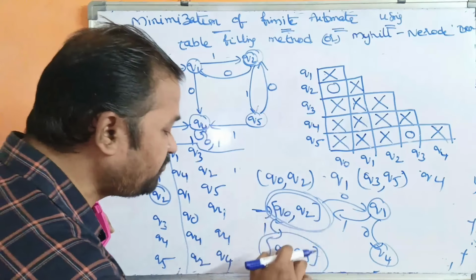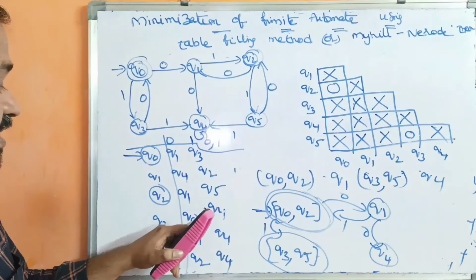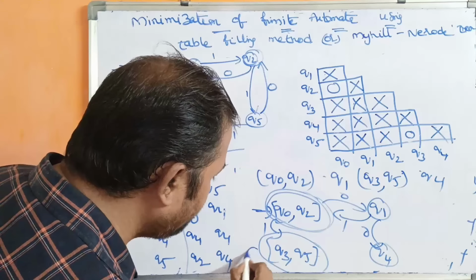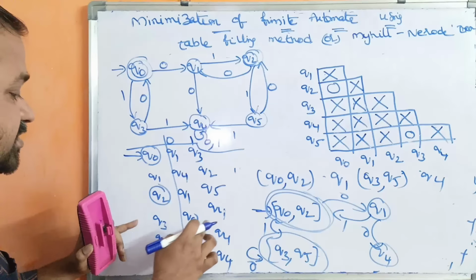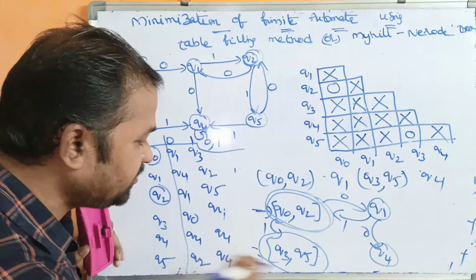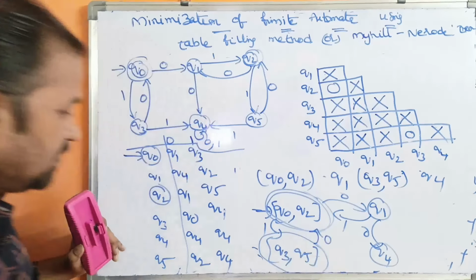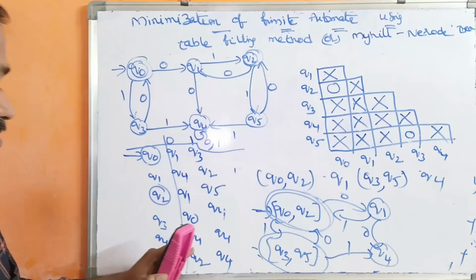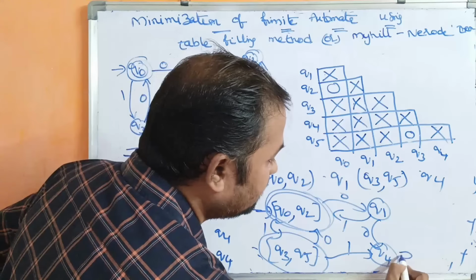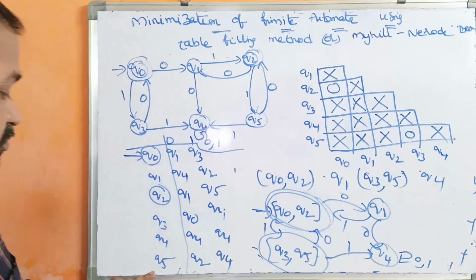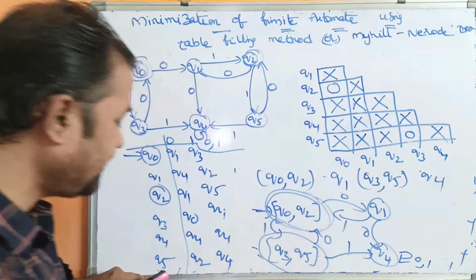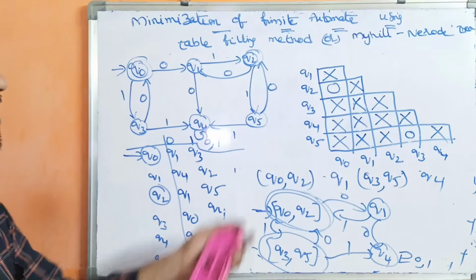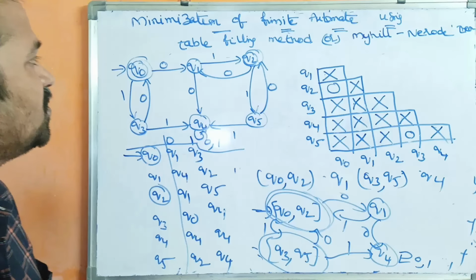Q2 on 1 means Q5, already applied. Q3 on 0 means Q0. Next, Q3 on 1 means Q4. Next, Q4 on 0, 1 means Q4 only. Next, Q5 on 0 means Q2, already applied. Q5 on 1 means Q4, already applied. So here 6 states are reduced to 4 states.